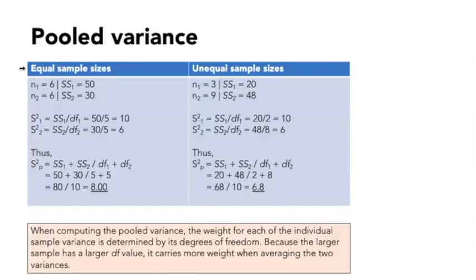Here there's a sample study with equal sample sizes. You have your first group, 6 individuals, with a sum of squares value of 50. Here you have your second group with 6 individuals with a sum of squares value of 30.